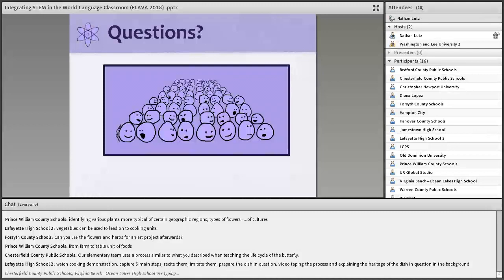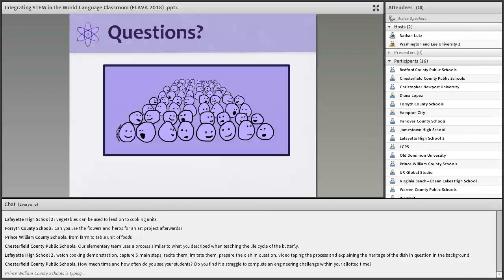While I'm waiting for them to come in, I'll just talk about some of those resources on that wiki. There are some really fantastic engineering type activities that you can do with your students that are written in the target language. If you are a high school or post-secondary teacher, these are really great references, where there is a lot of verbiage on the page where you can have the students read what the supplies are, and then you can go through and perform it.